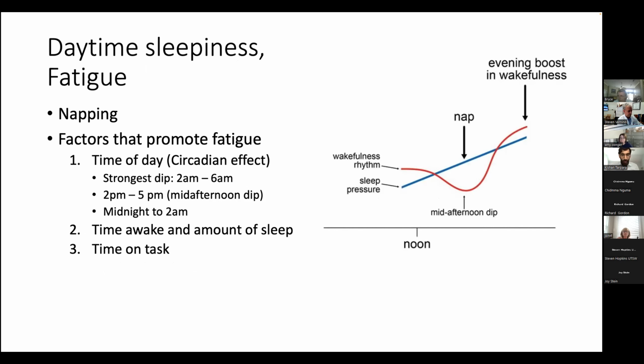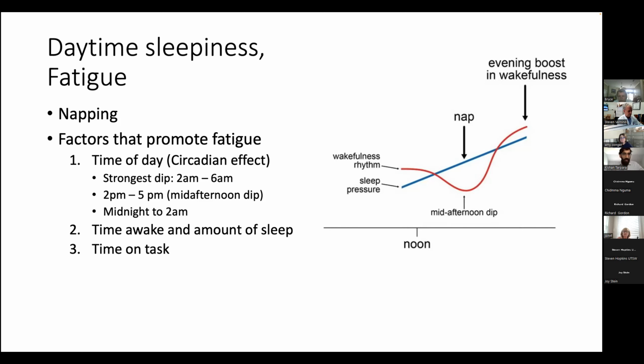A lot of times people think of this as after lunch, after I eat a big meal with a bunch of carbohydrates, that's when I feel sleepy, and that if I avoid carbohydrates, maybe I can avoid that slump in the afternoon. But it's actually probably more to do with this circadian rhythm dip in alertness that occurs in mid-afternoon, 2 to 5 p.m.